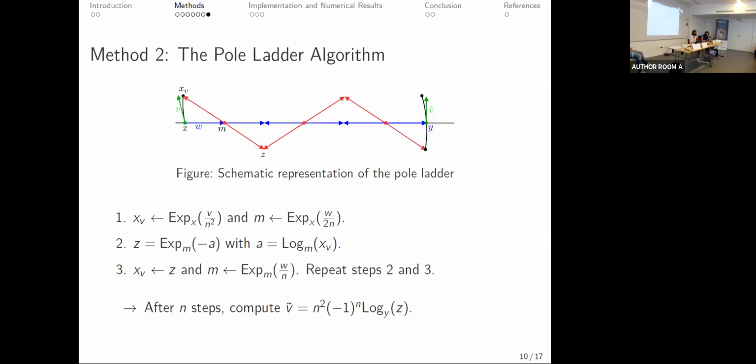On the other hand, we have this well-used method called pole ladder, which is mostly based on geodesics and the logarithm. To translate a vector, we build small geodesic parallelograms, and we go step by step to the translated vector, and it converges when the number of steps goes to infinity.